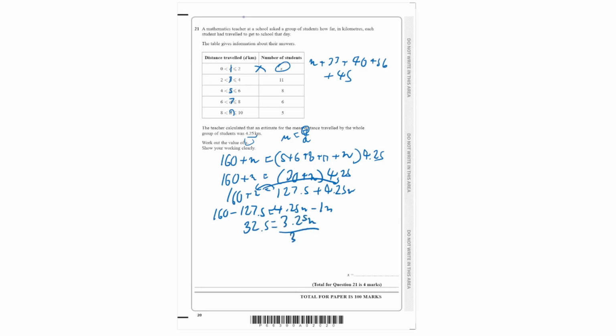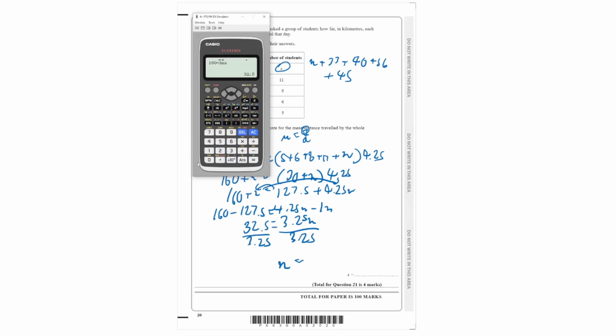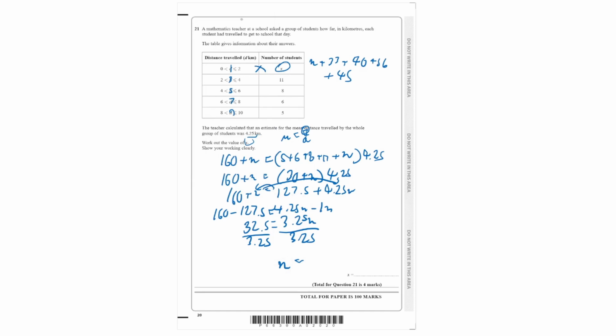We divide both sides by 3.25 to find x. Therefore, if we use our calculator once again, we can find our final answer. 32.5 divided by 3.25 gives us 10. That means 10 students walked the distance of 0 to 2 kilometers.